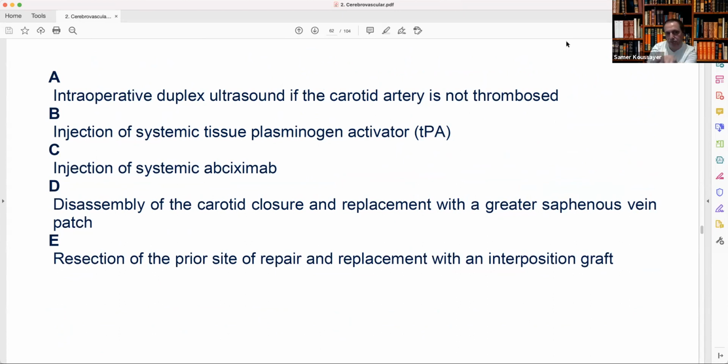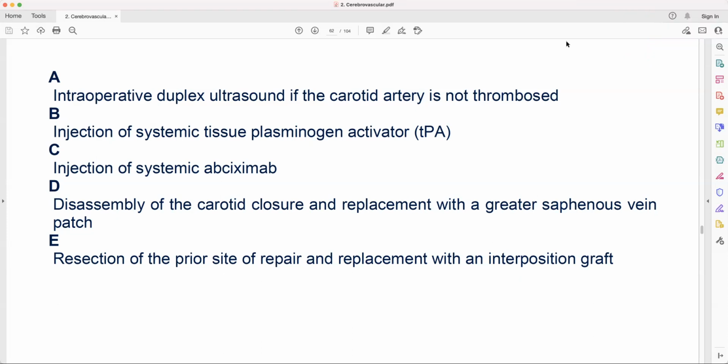If the artery is not thrombosed, then the other problem could be a flap, and you don't want to open to look for a flap. The only time you really open the artery is if you have thrombosis. If thrombosed, then you have to open right away. If the artery has a good pulse, then you have to rule out a flap. Unless you don't have ultrasound, then you open the artery. If you have an ultrasound, the best way is to get an ultrasound and check for any flap.